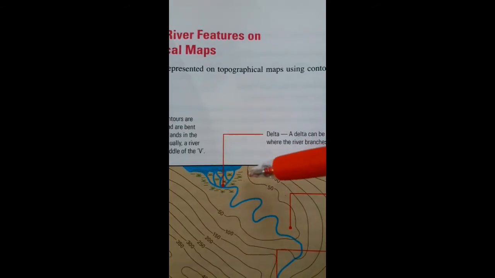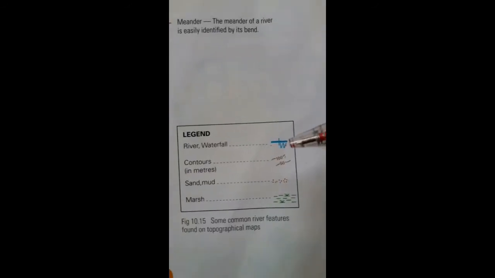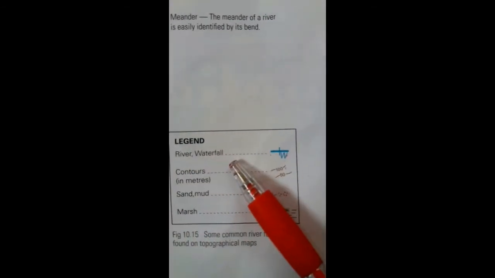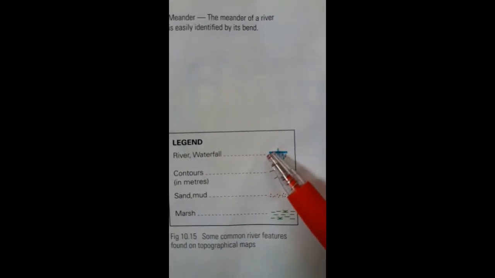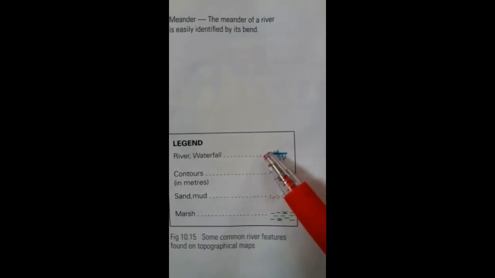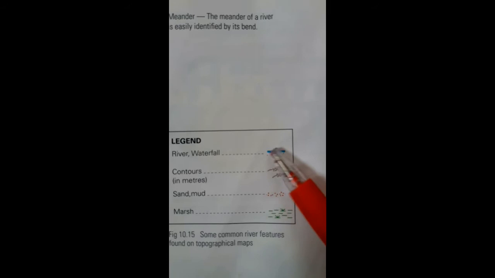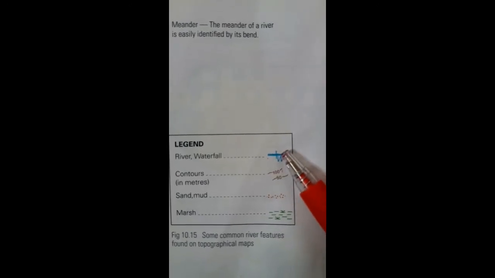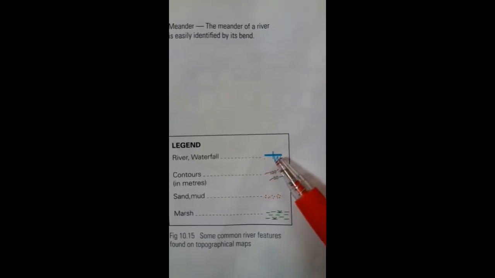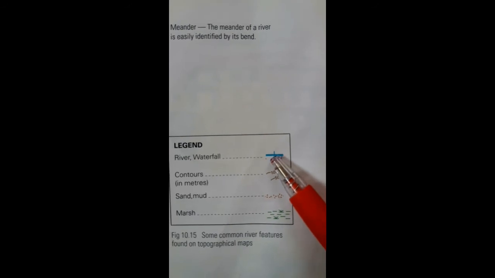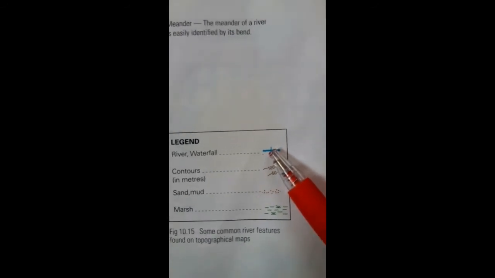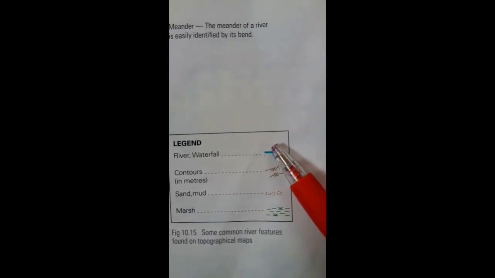All right, okay, let's review the legend here. River, waterfall. So river simply means the contour is in a horizontal line, and then the W letter here with this in a vertical line, that is waterfall.